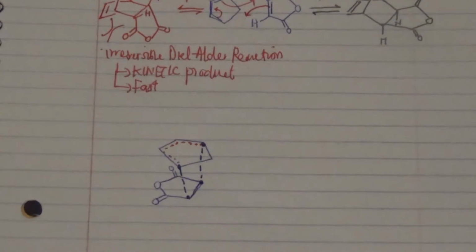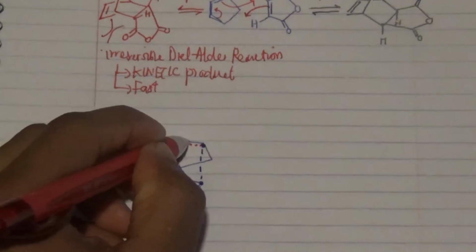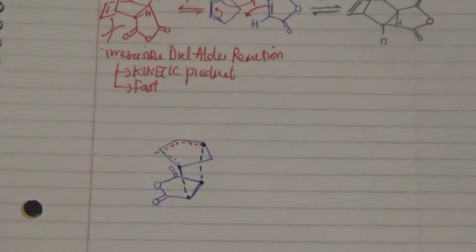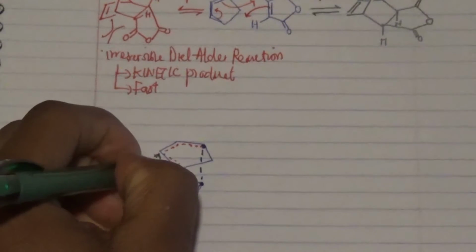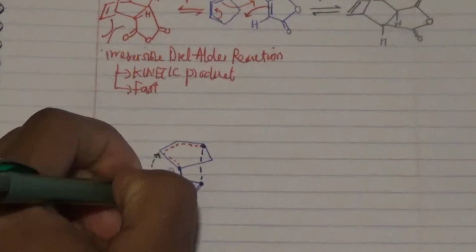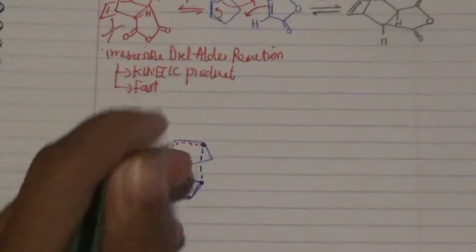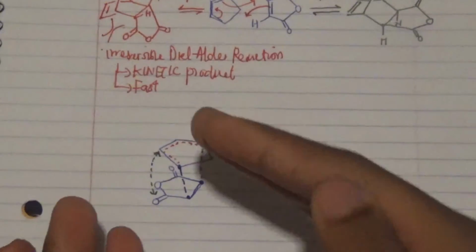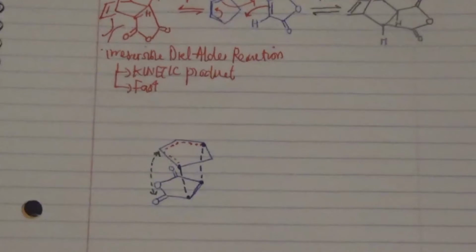What happens here is that there's a pi interaction between these carbons over here, shown by this green arrow, and this oxygen pi system over here, thereby making the transition state highly favorable and stable at this point.